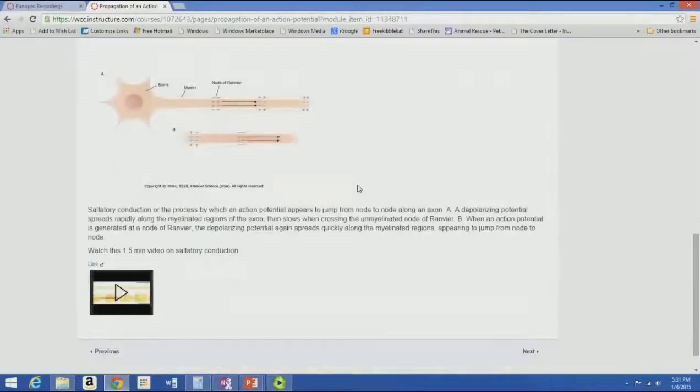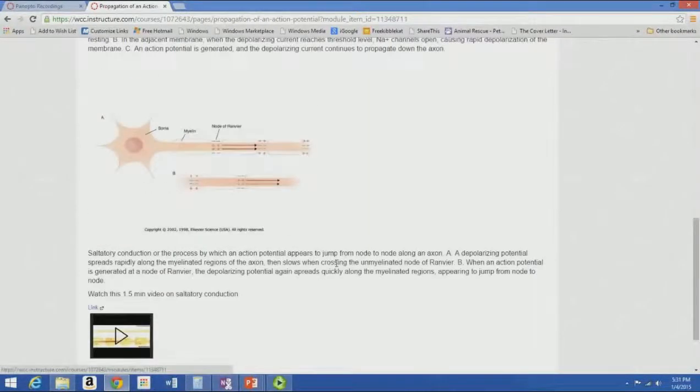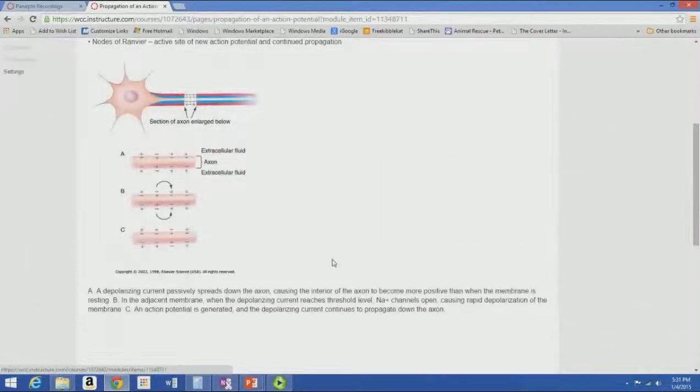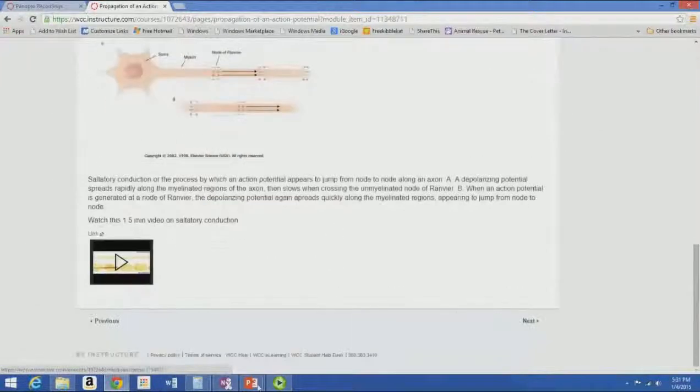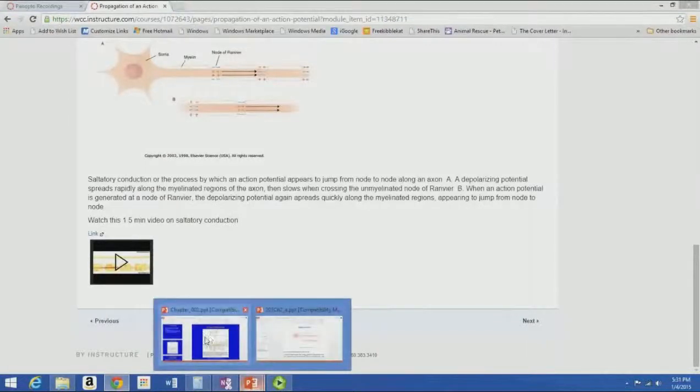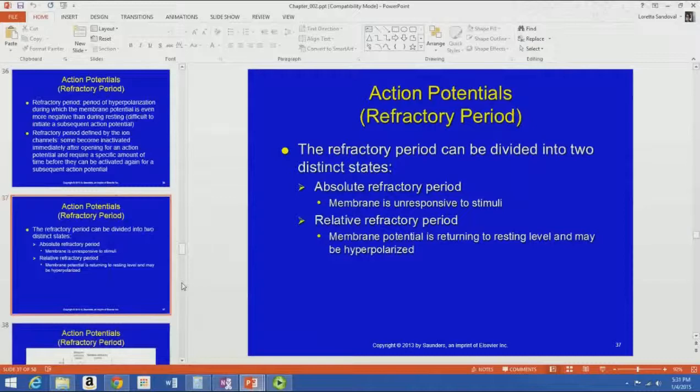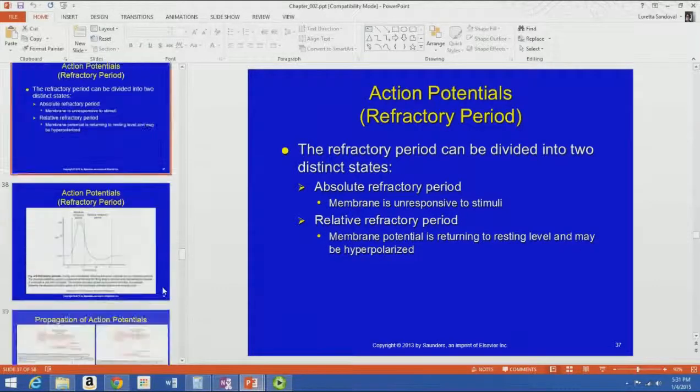There's a little video on the saltatory conduction, which is kind of neat. It's a little animation. Obviously you can't take real videos of these because you can't see electrical charge, but that saltatory conduction is why myelinated axons transmit nerve conduction faster than unmyelinated.